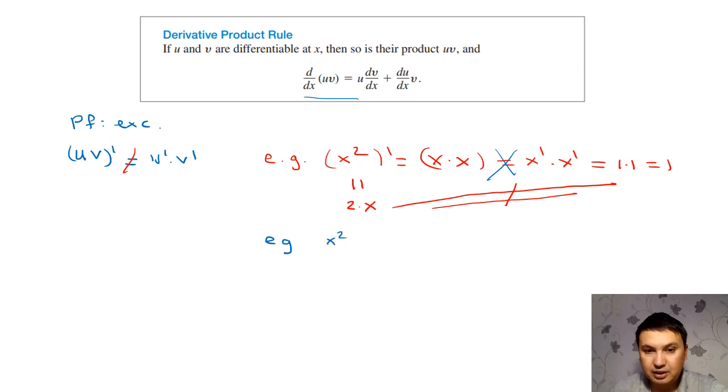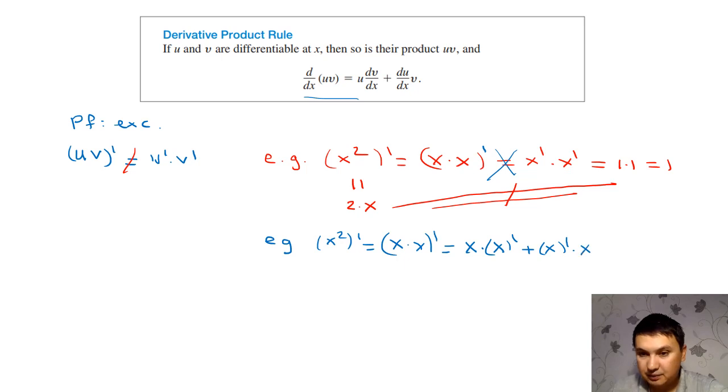However, let's try to apply the actual product rule. The derivative of x squared, again, we can write as the derivative of x times x. According to the rule, it's the first term, x, times the derivative of the second term, x prime, plus the derivative of the first term, x prime, times x. What is x prime? Again, 1. So this is x times 1 plus 1 times x, and this is indeed 2x.